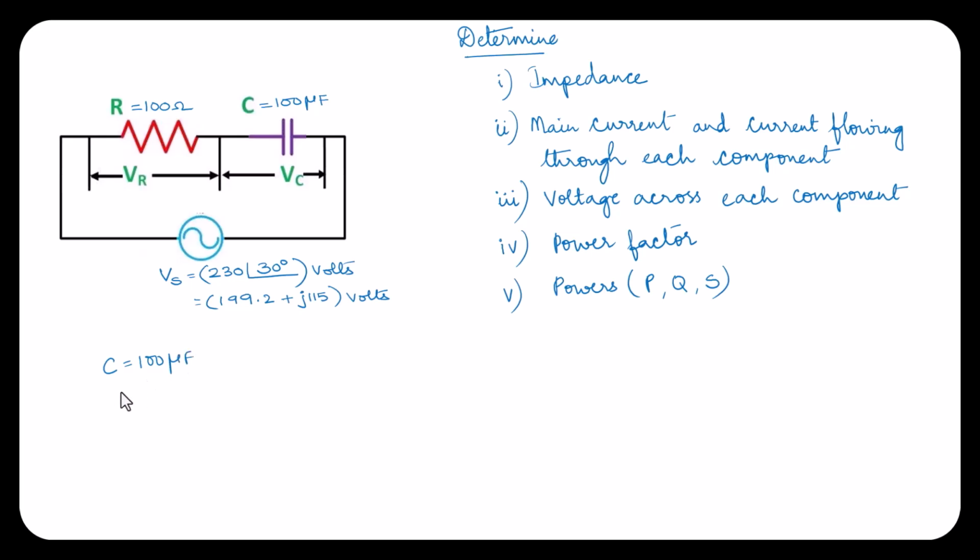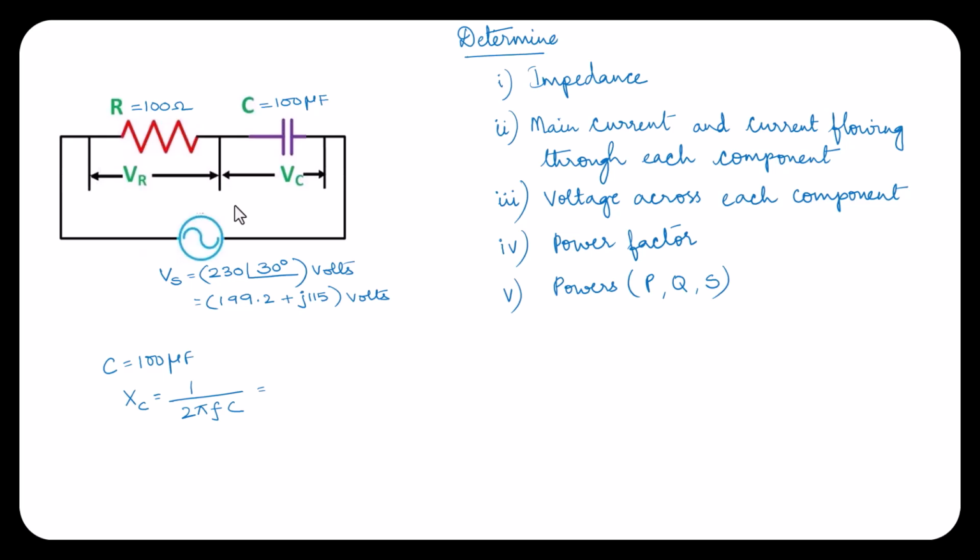microfarads. So XC, to calculate XC, I should use the formula 1 by 2 pi FC. So if in the question or in the details of the numerical, there is no mention of frequency, then you can take 50 Hertz as the frequency, because in India, as per Indian standards, the AC supply has a frequency of 50 Hertz.